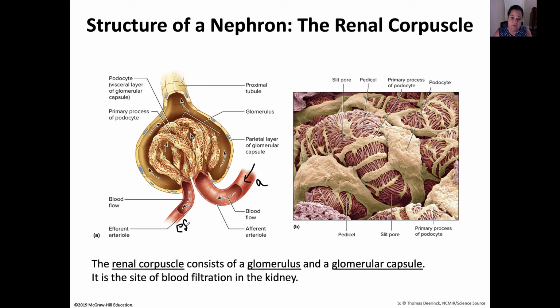Important to see both of them painted red, because when we go into the glomerulus, we are not doing gas exchange. The only reason blood is going into the glomerulus is to get filtered. It's not to do gas exchange. That's done in different arterioles in the kidney.